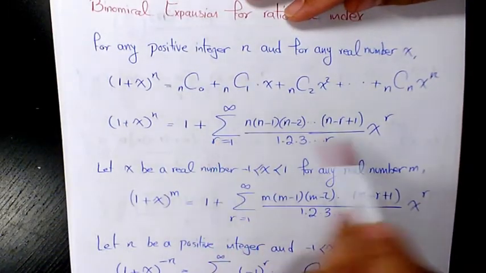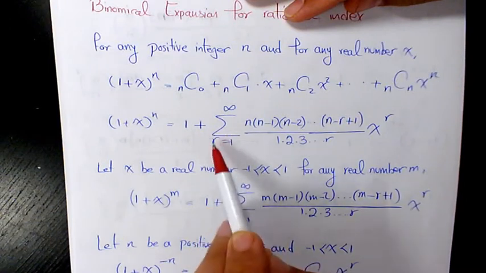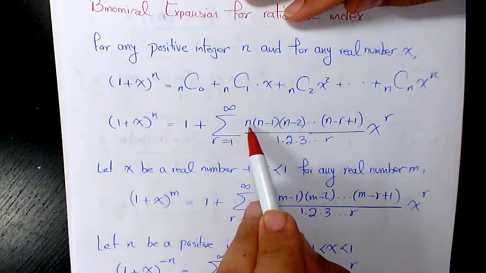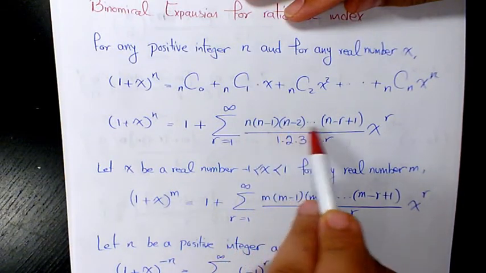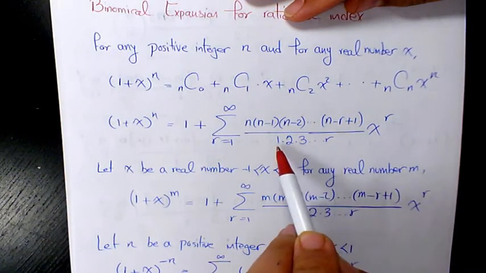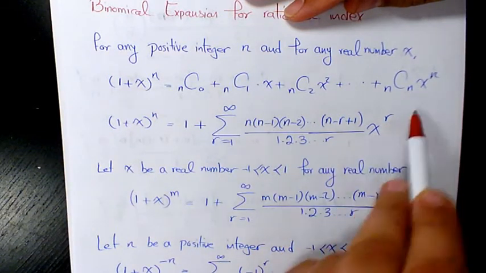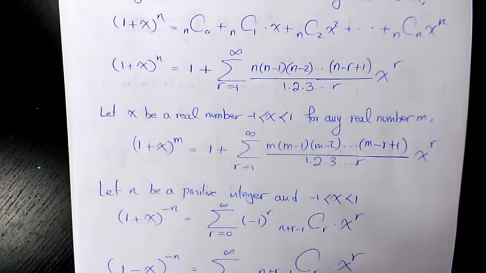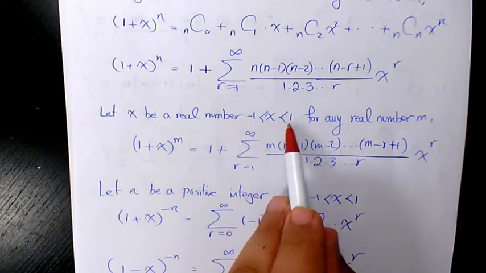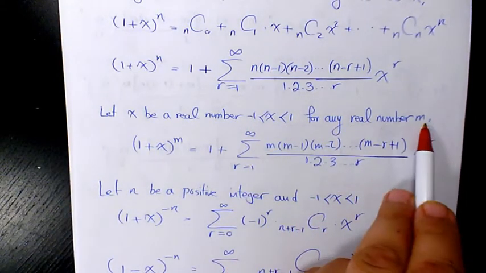We can also write it like this: 1 plus x to the power of n equals 1 plus sigma r equals 1 to infinity of n times (n minus 1) times (n minus 2) all the way to (n minus r plus 1) over 1 times 2 times 3 all the way to r, times x to the power of r. Let x be a real number between negative 1 and 1, for any real number m.